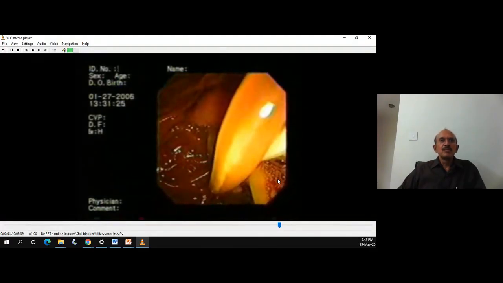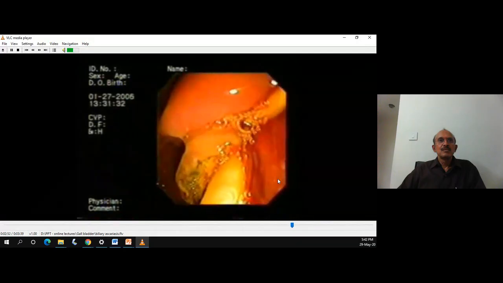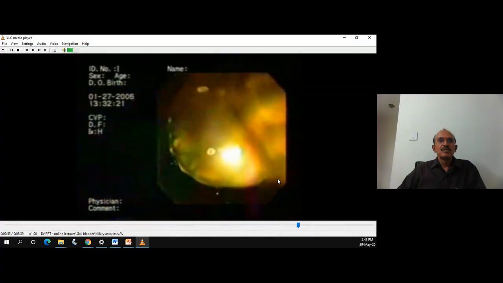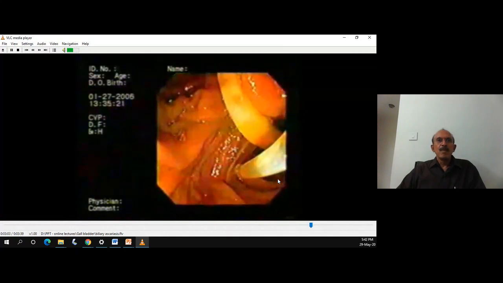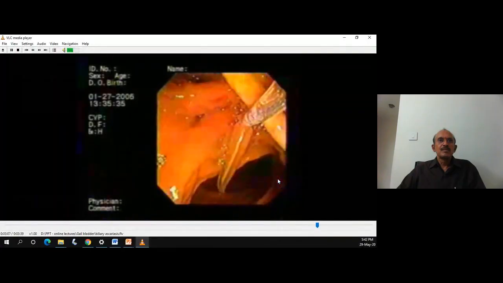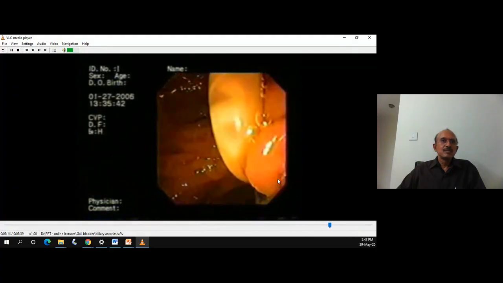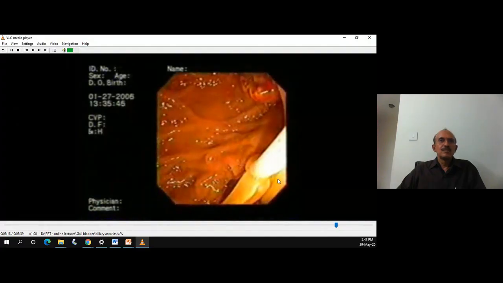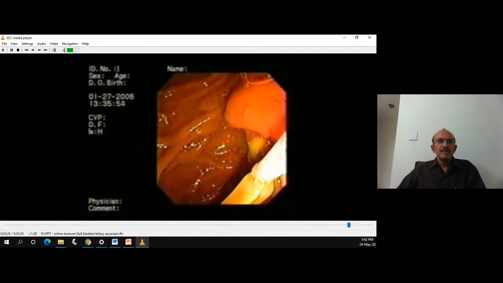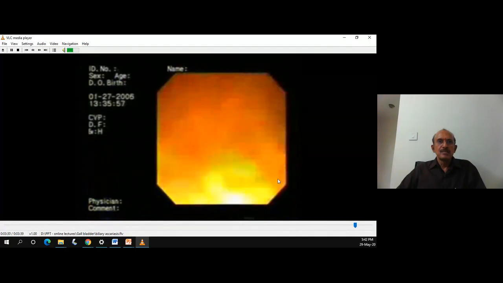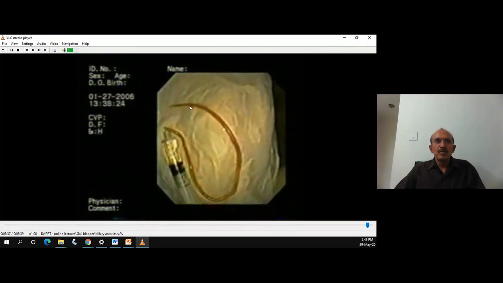You can see the movement of the worm. It is being retracted out of the papilla of Vater. So this is the worm that has been taken out.